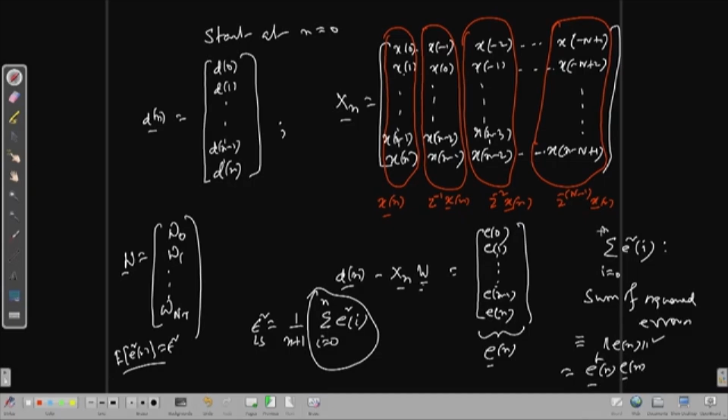Isn't it? If you take En transpose En, you get E0 square, E1 square, E2 square, all that. So, essentially we will be minimizing the norm square of this error vector with respect to the filter weights. All right. So, you go to the next page.